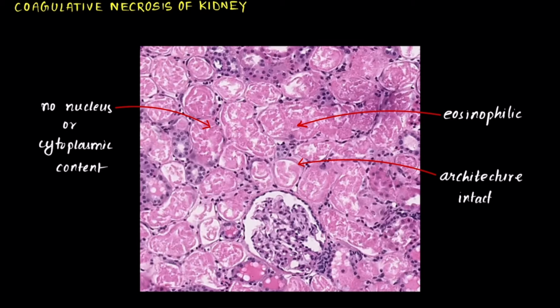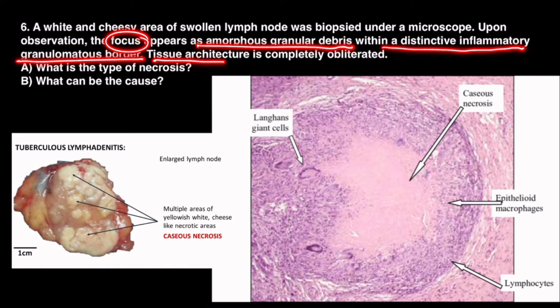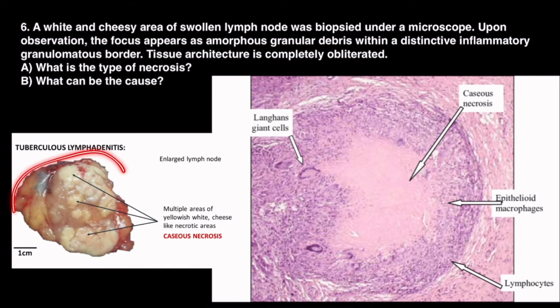That's coagulative necrosis. A white and cheesy area of a swollen lymph node was biopsied and examined under a microscope. Under observation, the focus appears as amorphous granular debris within a distinctive inflammatory granulomatous border. Tissue architecture is completely destroyed or obliterated. So there's your lymph node.